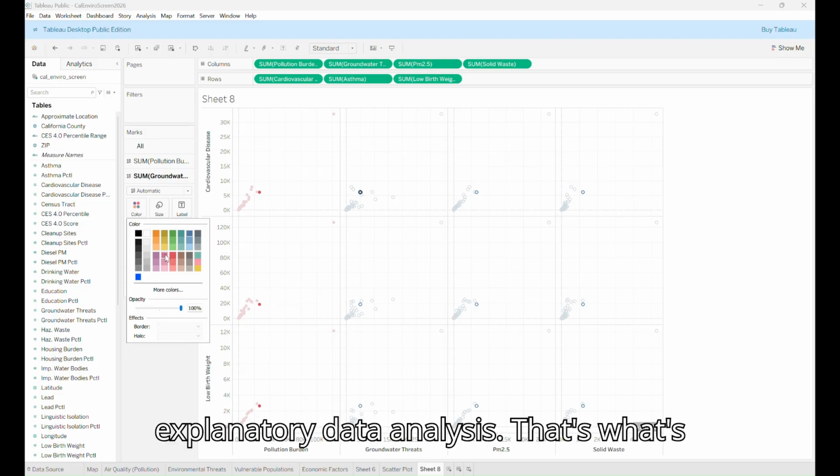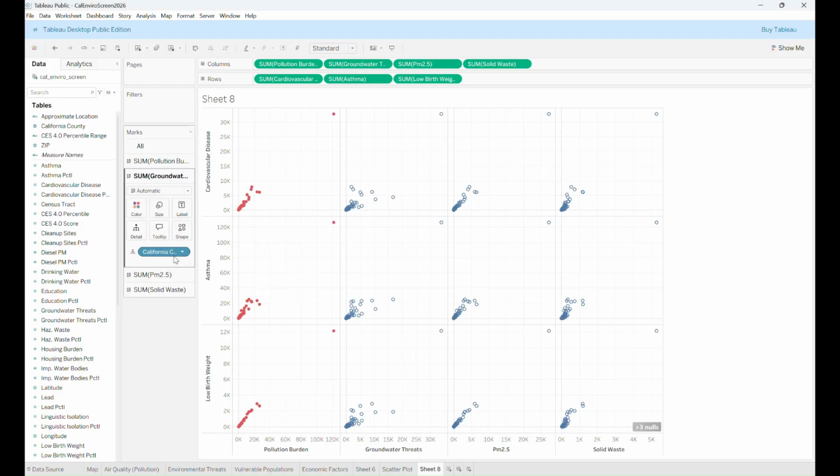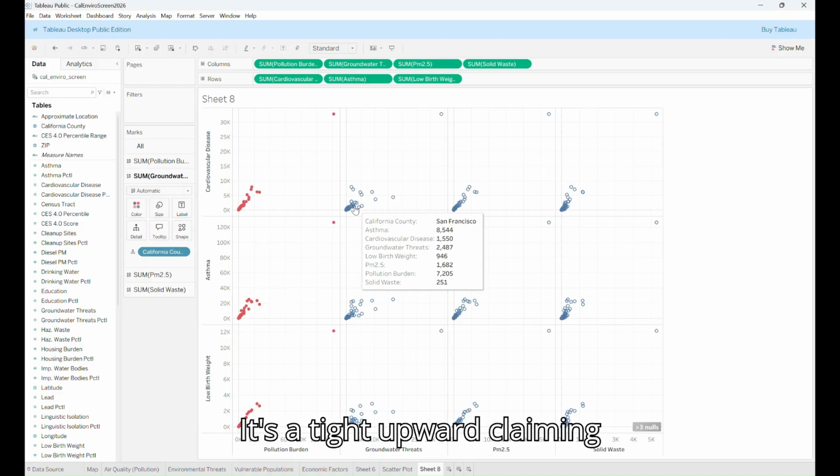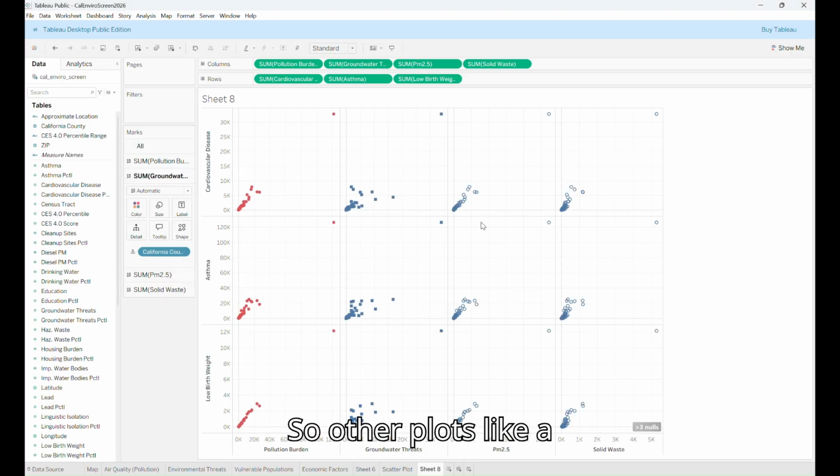So this is exploratory data analysis, what's called EDA. If you look at the PM 2.5 versus asthma plot, it's a tight, upward-climbing staircase. That's a direct hit.